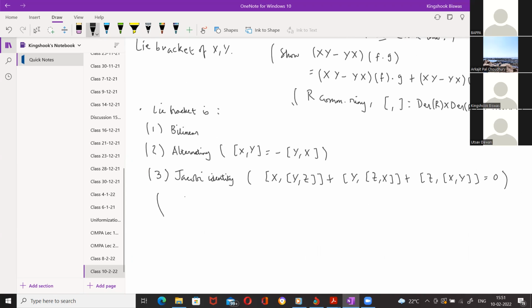So, χ(M) with the operation bracket from χ(M) cross χ(M) to χ(M), this pair is a Lie algebra.